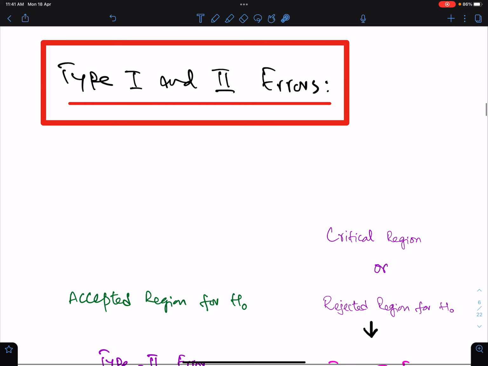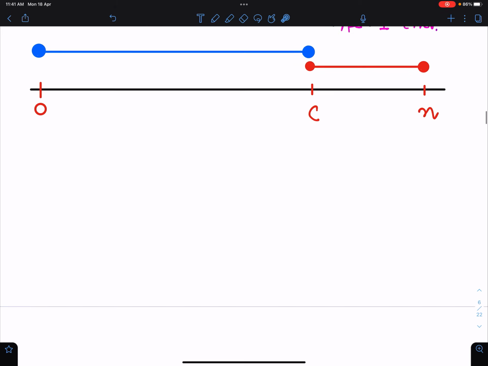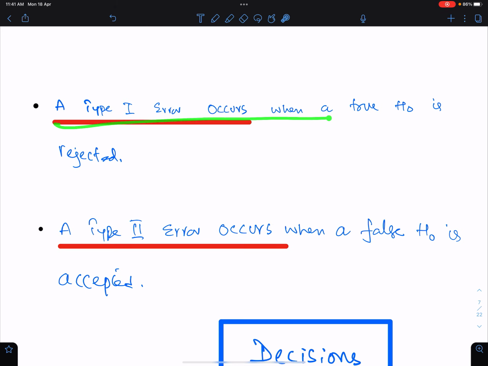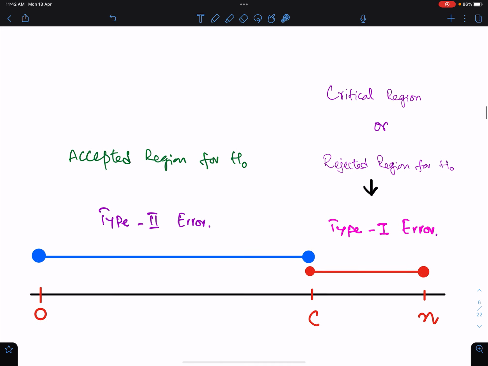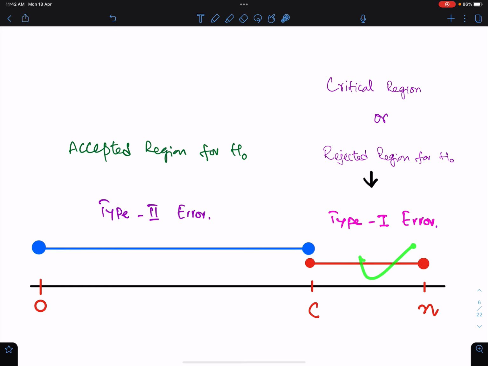Type 1 and type 2 errors. Well, a type 1 error occurs when a true H0 is rejected, whereas a type 2 error occurs when a false H0 is accepted. This is the region of type 1 error, because here we reject H0. So the probability of critical region will be the probability of type 1 error.